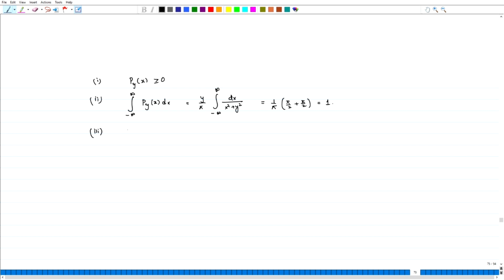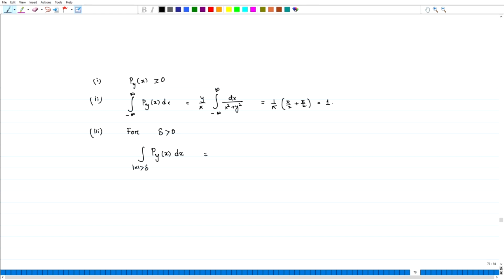Now, for any delta greater than 0, let us look at the integral over |x| greater than delta of P_y(x) dx.